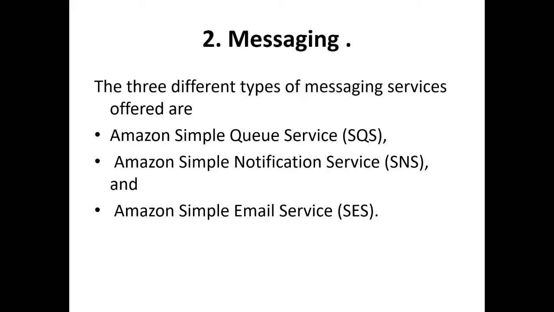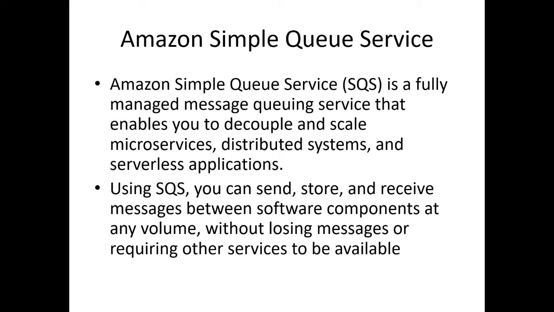What is Amazon Simple Queue Service? Amazon Simple Queue Service, also called SQS, is a fully managed message queuing service that enables you to decouple and scale microservices, distributed systems, and serverless applications.